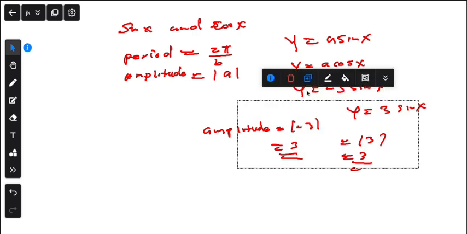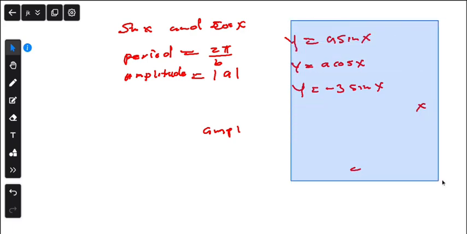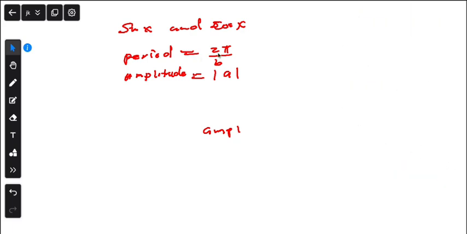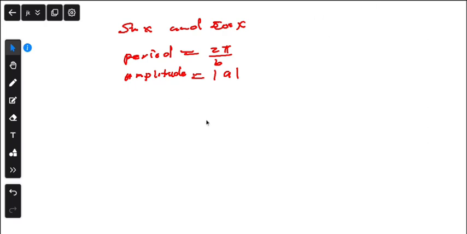Now let's look at how to find the period. How can you find the period? Period is 2 pi divided by b. When you talk of the value of b, you are talking about the value of theta.